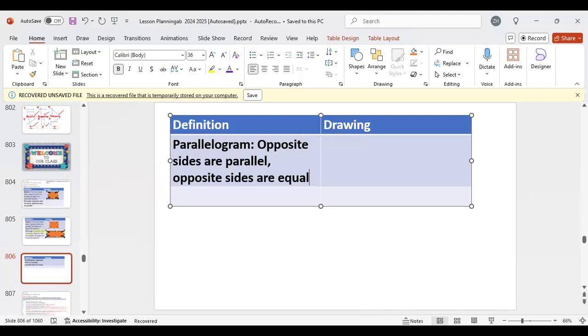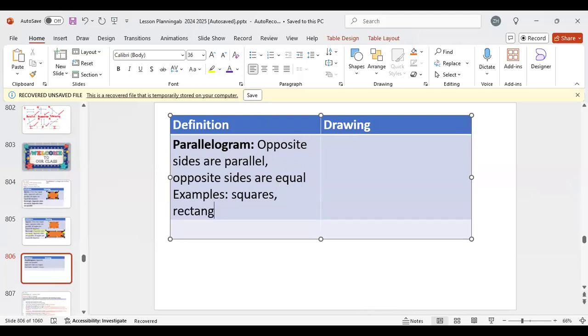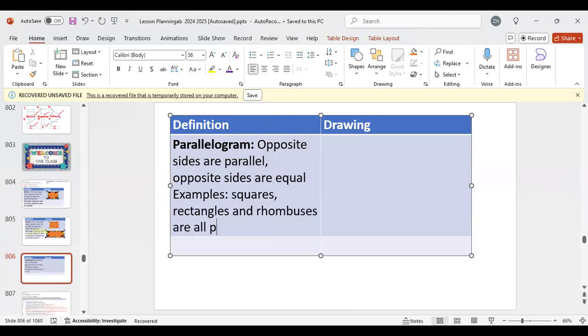Why does this sound so much like a rectangle? Is a rectangle a parallelogram? Is a square a parallelogram? Rectangles and squares are parallelograms. So examples: squares, rectangles, and rhombuses are all parallelograms.